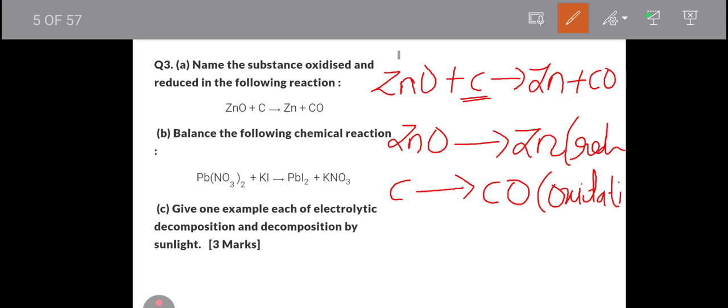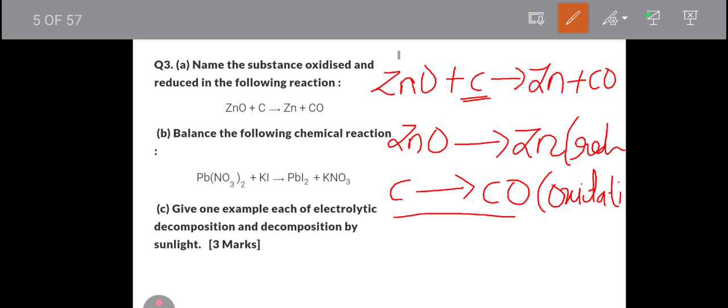So as for the question, the substance which is getting oxidized is what? Carbon, right? Carbon is oxidized to carbon monoxide, and what is getting reduced is zinc oxide. Zinc oxide has reduced to zinc. Okay. So now tell me which is an oxidizing agent and which is a reducing agent?